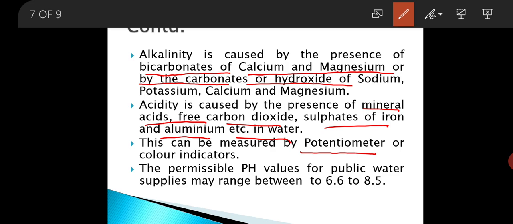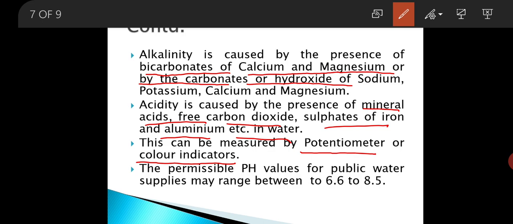And pH can also be measured with the help of color indicators. So in this method, the color indicators are added to water and the color produced is compared with the standard color of known pH values.